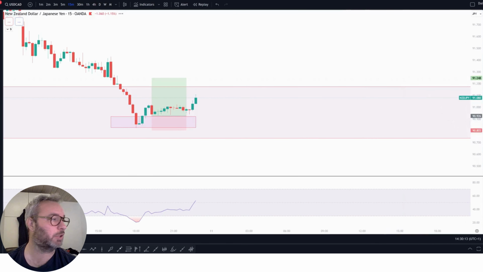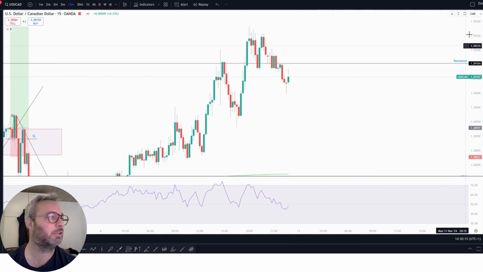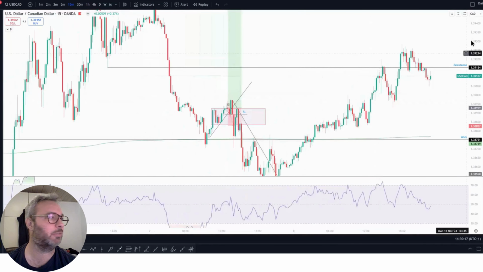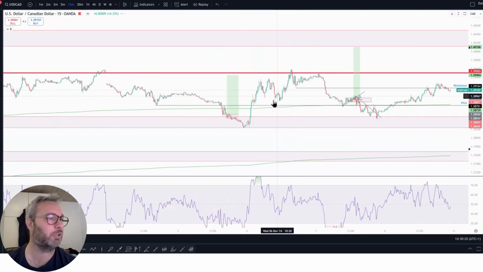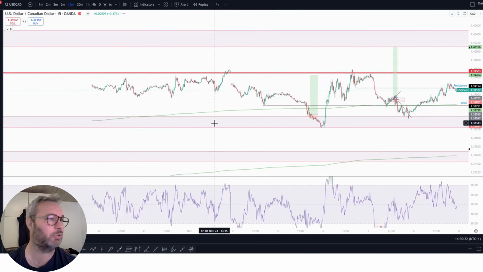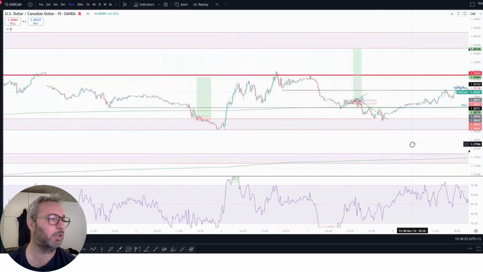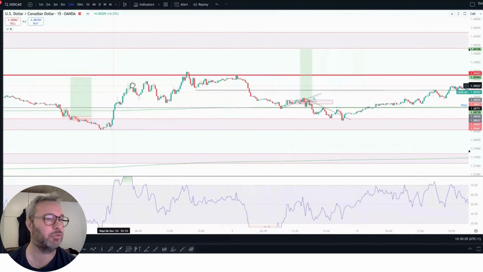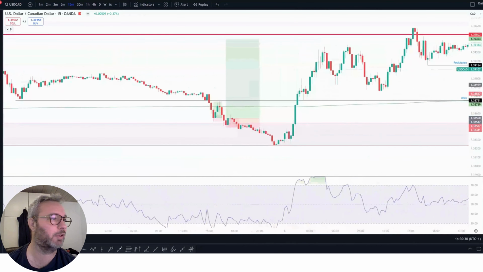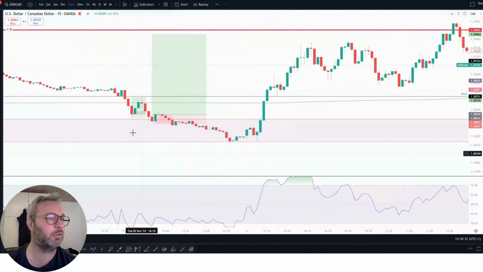Next trade, US cat. Let's see, what did we have? I think I have several trades here. Was it Tuesday? Yeah, there are 2 trades here. So first trade Tuesday.